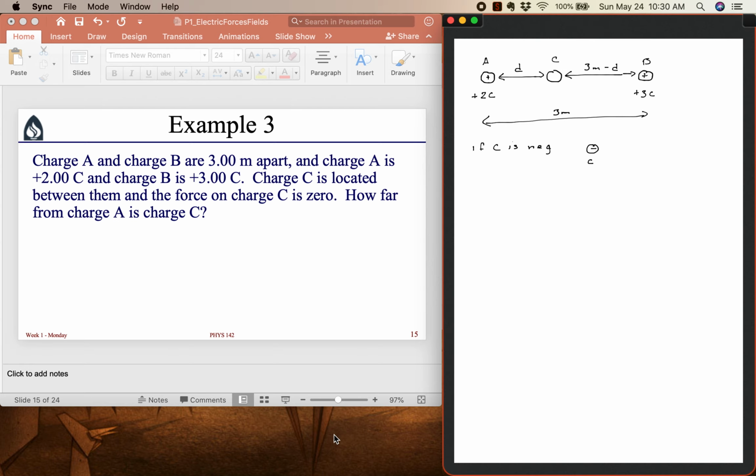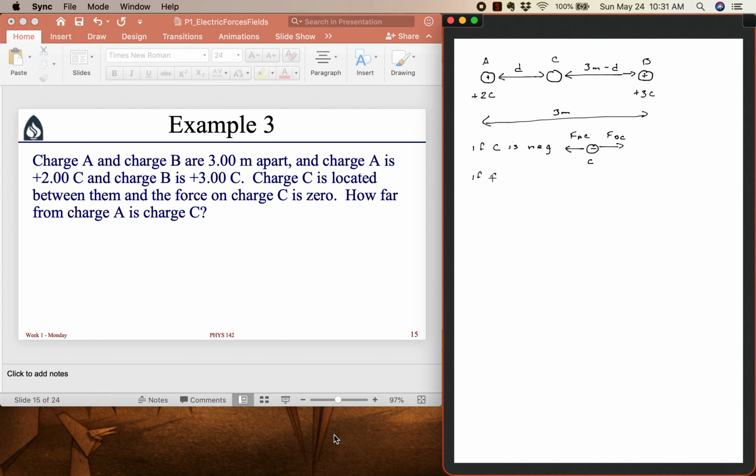C will be attracted to B, and so the force of B on C is going to be in this direction. The force that A acts on C is going to be towards A because C is negative. It'll be attracted towards A. So the force of A on C is going to be in the negative x direction. These two forces are going to be opposite each other, and we just need to ensure that they're equal so that the net force on C is 0. So it should work out fine for C to be negative.